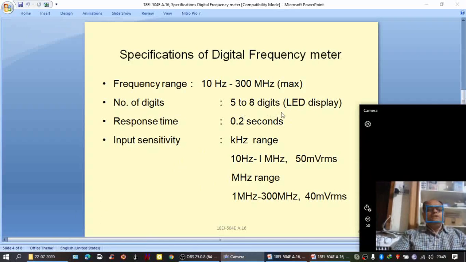One counter may have 5 digits, another counter may have 8 digits, another may have even 6 or 7. Response time. The response time of a commercially available digital frequency meter is very low, 0.2 seconds. Input sensitivity. This is one key specification to be observed.